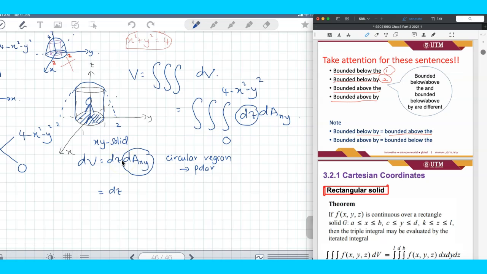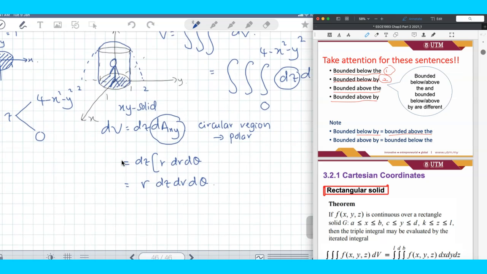To do that, you have to put the dA in polar. So what is dA in polar? We have learned in double integral. You have r dr d theta. So you can have your dV in polar, r dz dr d theta.